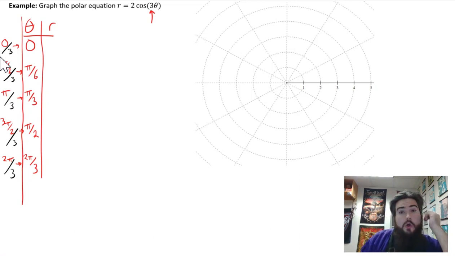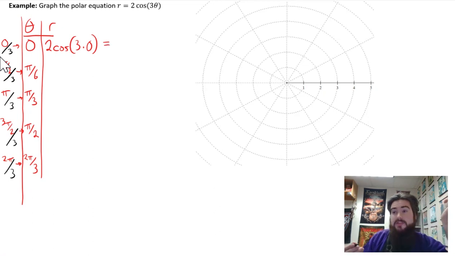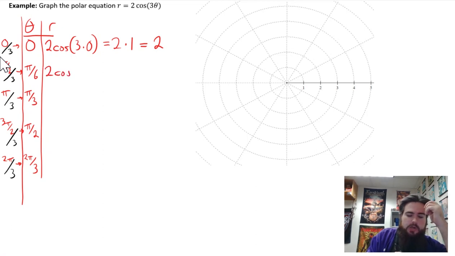If I use all 5 of these values and plug those into r equals 2 cosine of 3 theta, I will get 2 cosine of 3 times 0, which is cosine of 0, which is 1. So that'll just be 2 times 1, or 2. If I plug in pi over 6, 2 cosine of 3 times pi over 6.